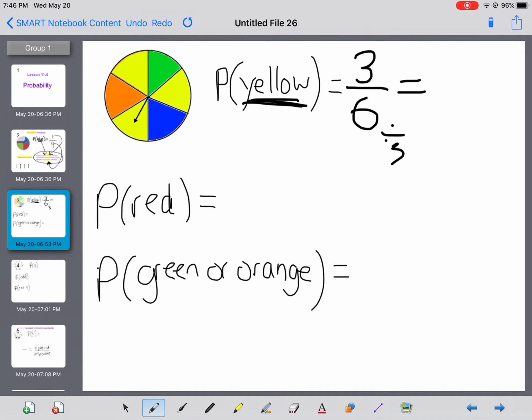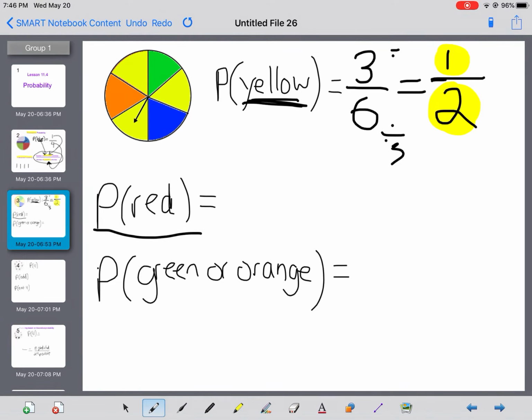I can divide by 3 on the top and the bottom, you guys know that by now, and I actually get 1/2. So the probability of me landing on yellow is 50% or 1/2. What that really means is if, in theory, I spin my spinner 2 times, 1 of those times I should land on yellow.